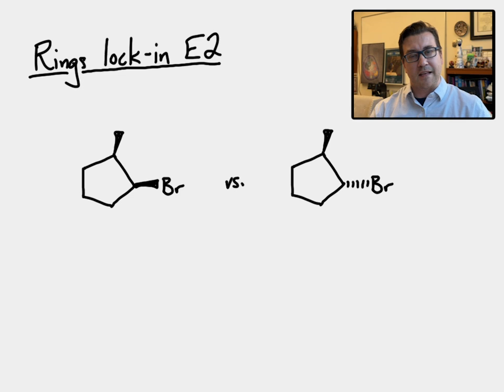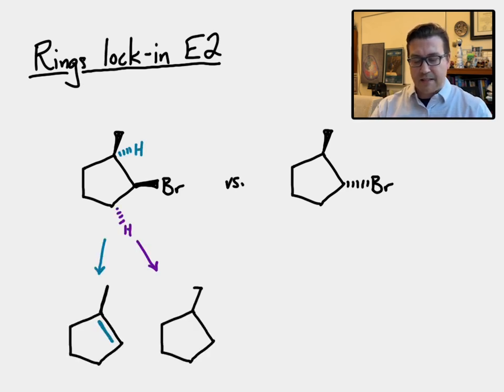When we look at these in ring systems, they are locked. Unlike a conformational analysis with a single bond where you're able to rotate, you can't rotate any of these bonds. So let's look at the outcomes of a deprotonation of this versus this, these two cyclic products. In the case of the first molecule, there are two protons that are anti-periplanar to this leaving group, to this bromide.